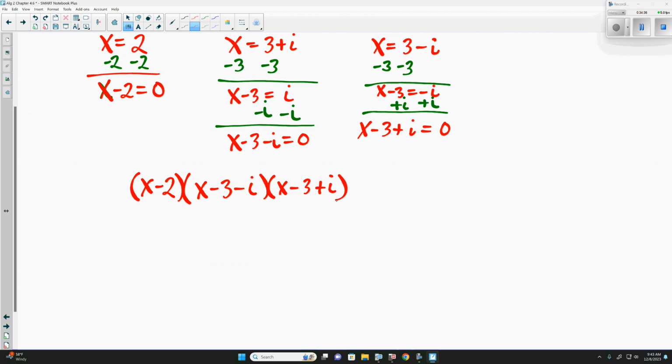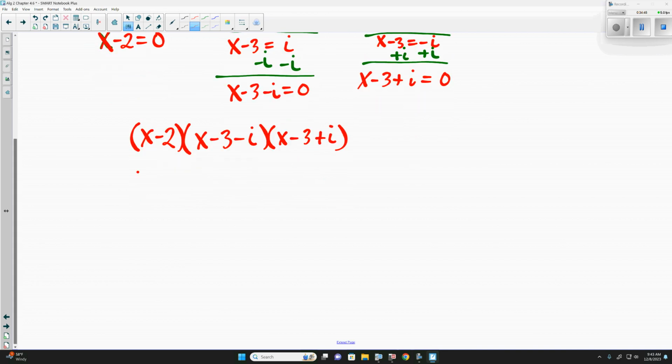If I remember correctly, we get 18 terms before we start simplifying down. Now here, if we do our complex conjugates first, distribute the x times x is x squared. x times negative 3 is negative 3x. And x times i is plus xi.